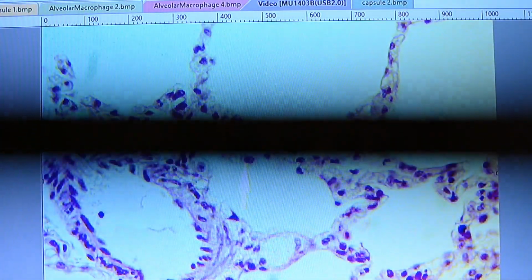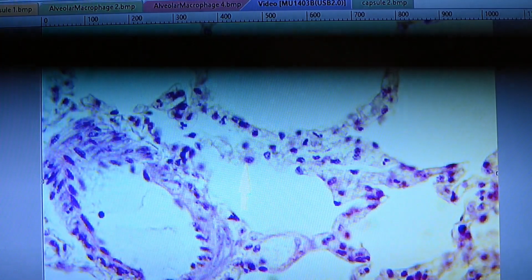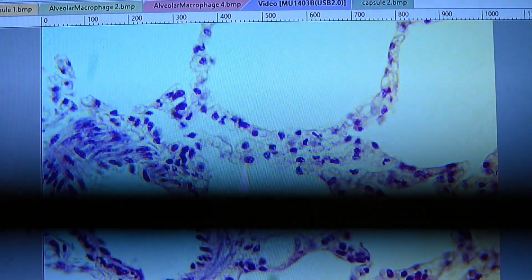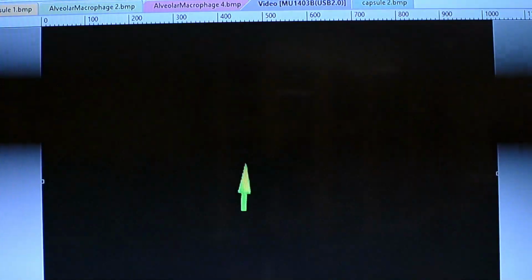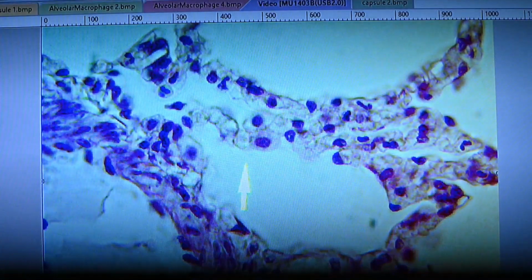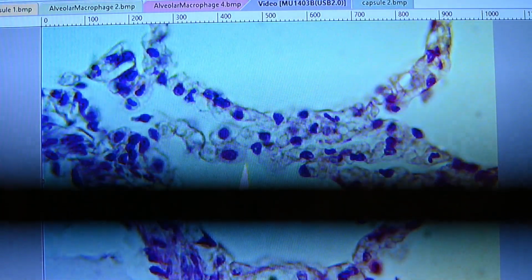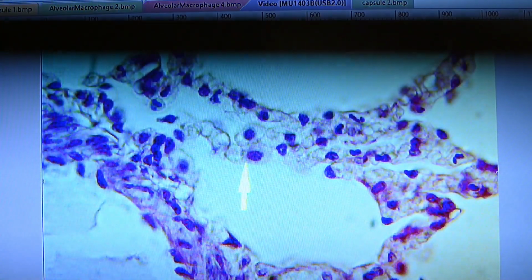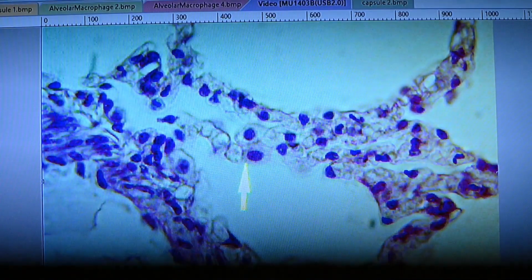Here's another right here. We'll go in and magnify some of these a little more. So there's that type 2 cell I was talking about right there.